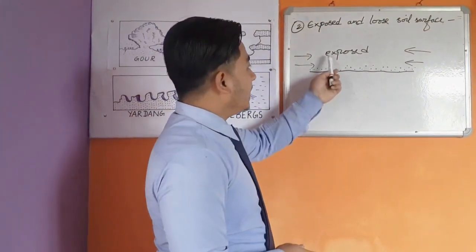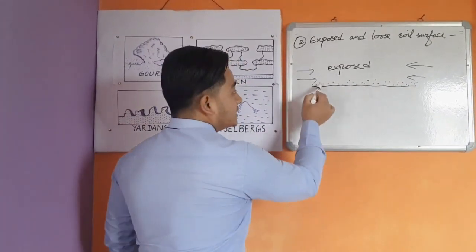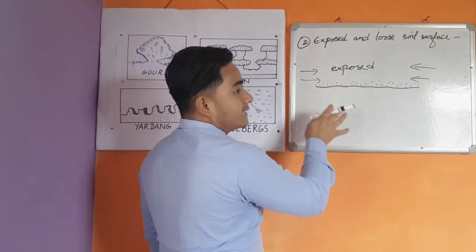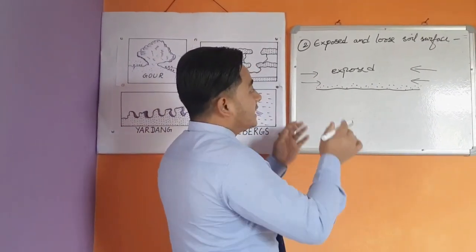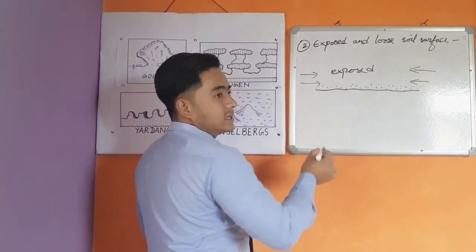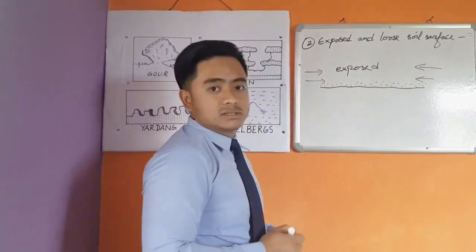So, due to the exposure of the sand and dust particles in the desert, the wind can easily blow from any direction, and its action predominates and becomes active in these areas.